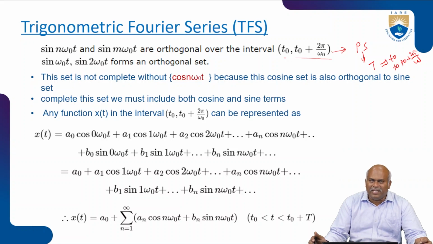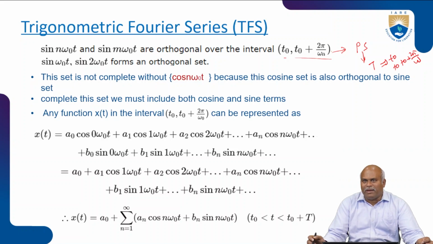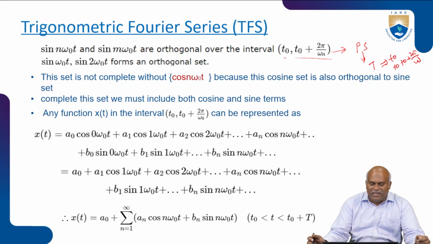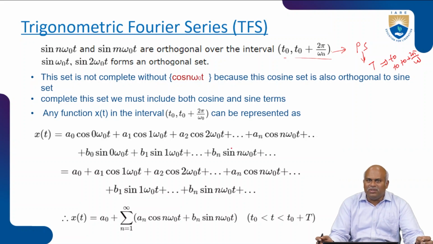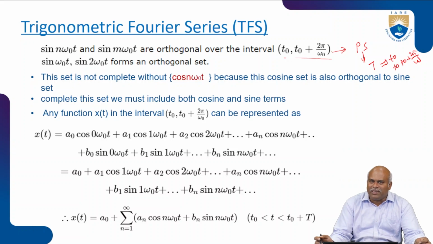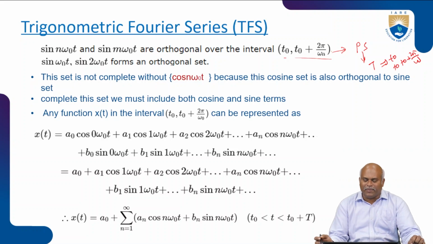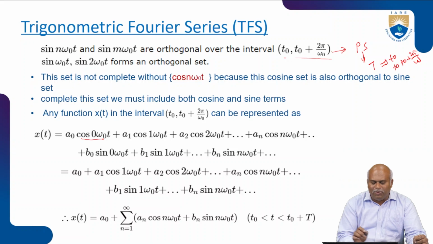The function x of t in the interval t0 to t0 plus T can be represented as x of t equals a0 cos 0 omega 0 t plus a1 cos 1 omega 0 t plus a2 cos 2 omega 0 t plus up to an cos n omega 0 t, plus b0 sin 0 omega 0 t plus b1 sin 1 omega 0 t plus up to bn sin n omega 0 t.